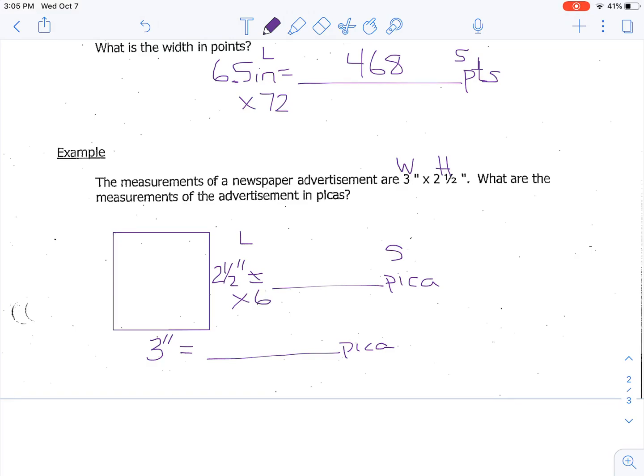We're going to take 2.5 times 6 and get 15. And then down here it would be 3 times 6 to get 18. So our dimensions in picas would be, oh, we have to put the width first, 18 picas by 15 picas.